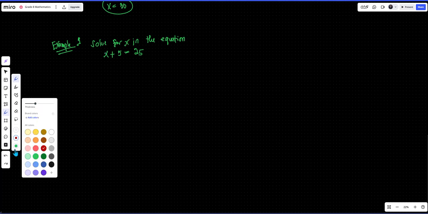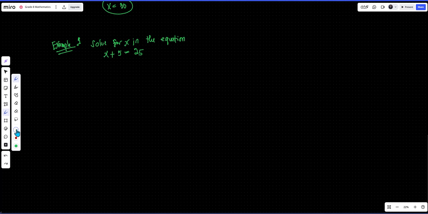So, kung ganyan po yung problem natin, we need to check kung ano yung mga possible property na ma-apply natin to solve this problem. Okay? So, if you notice, we only have one variable and ang gagawin natin is hanapin yung value ng x.